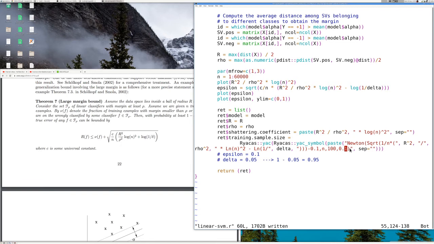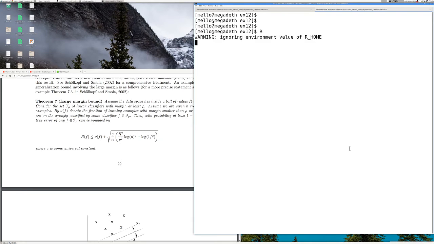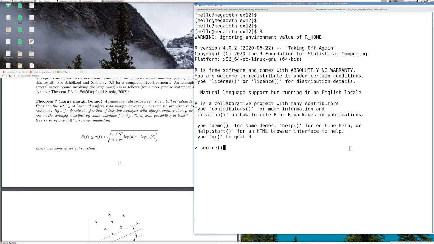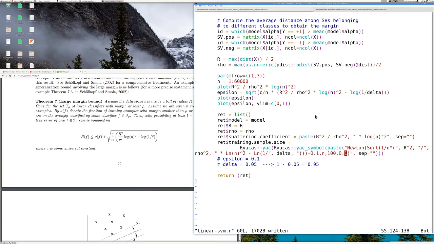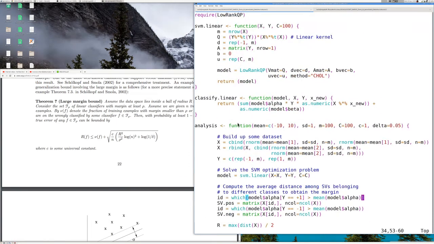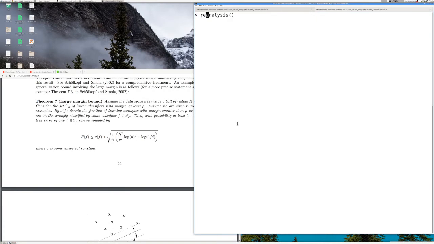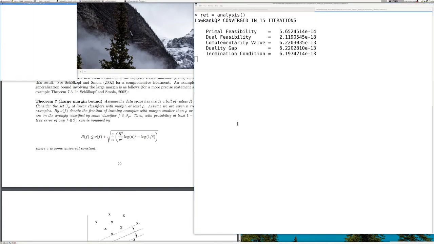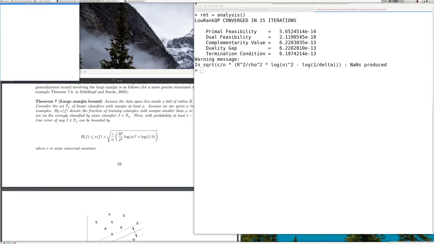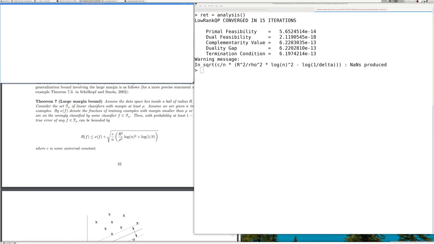When I run this, I'm just going to open R, load this, and of course I'm going to call this function. This is actually very nice. Analysis. I'm going to get a result here, a return. This will run and build up 3 very important charts.